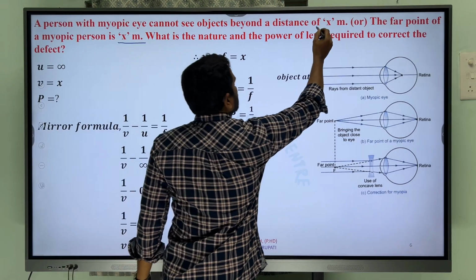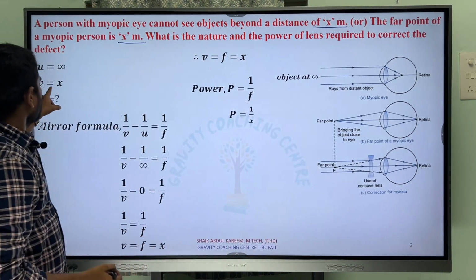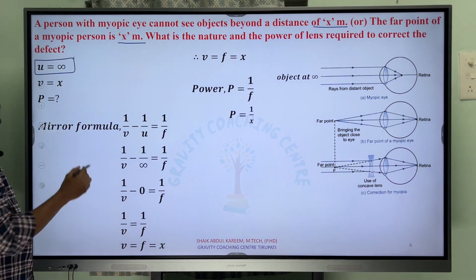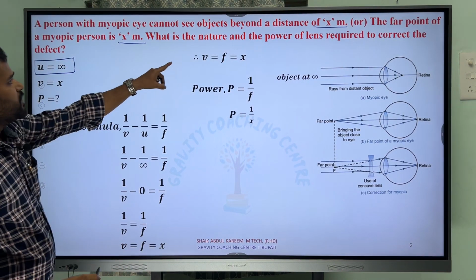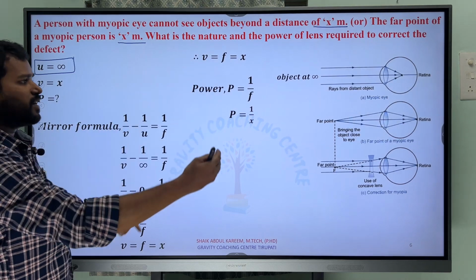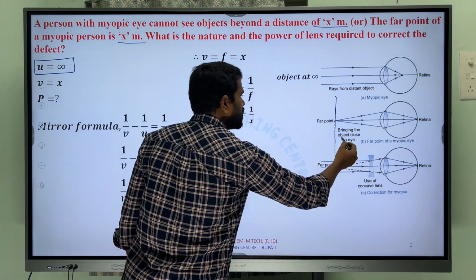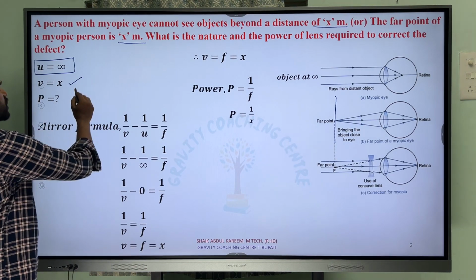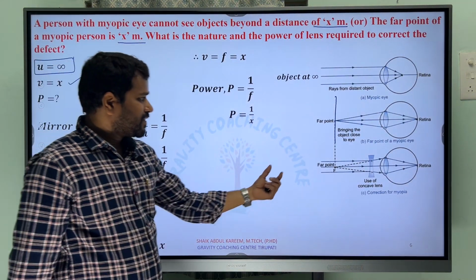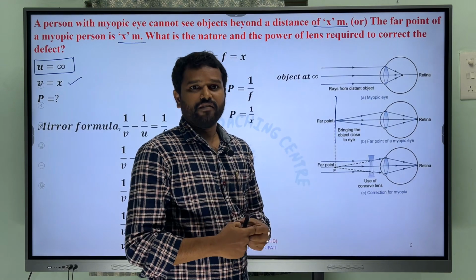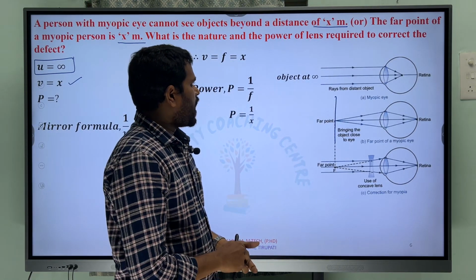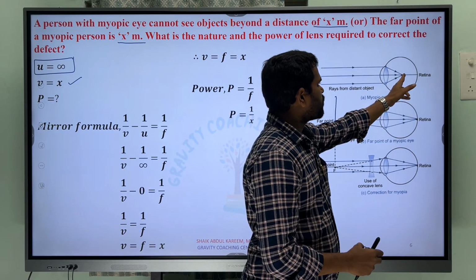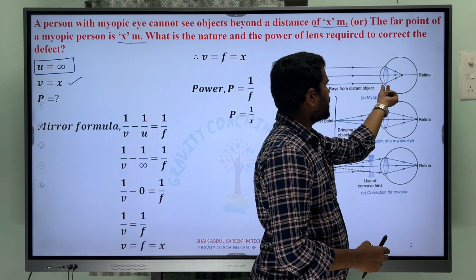Usually we will take the object to be at infinity. But since he cannot see after some distance, that is the far point, this we will take as the image distance. Why? Because at infinity, if the object is there, the image is not formed on the retina, but between the lens and the retina.